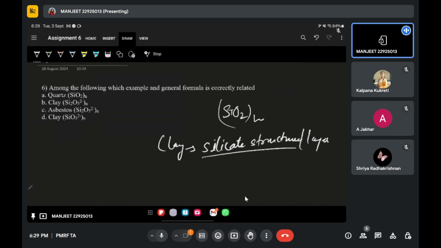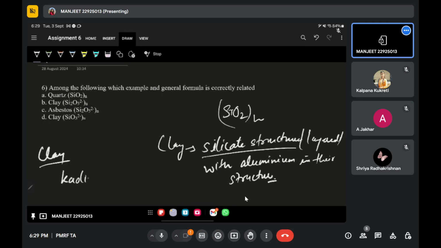This structure is the layered one with aluminium in the structure, not just the simple silicate structure. Okay. So if I say the clay is having, for example, the kaolinite, having the structure Al2Si2O5(OH)4. This is the layered silicate one.